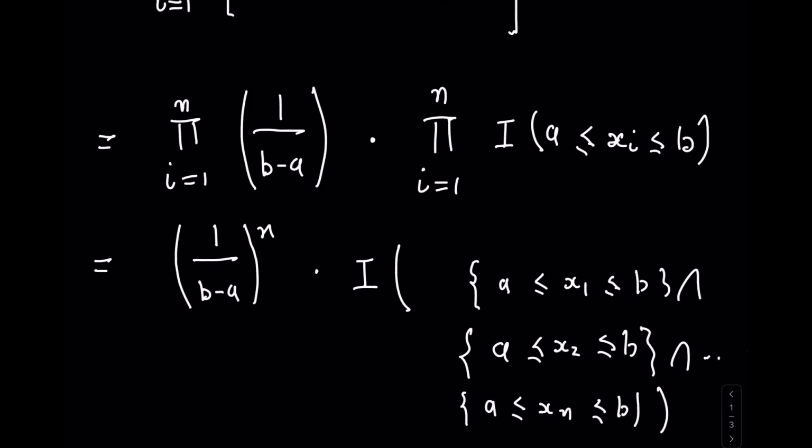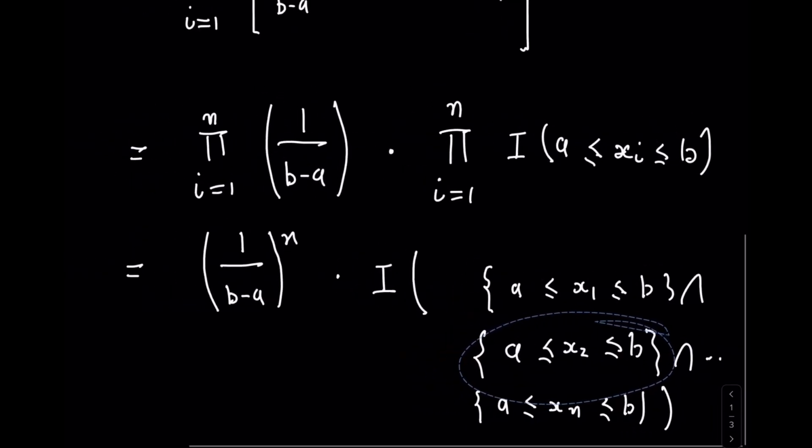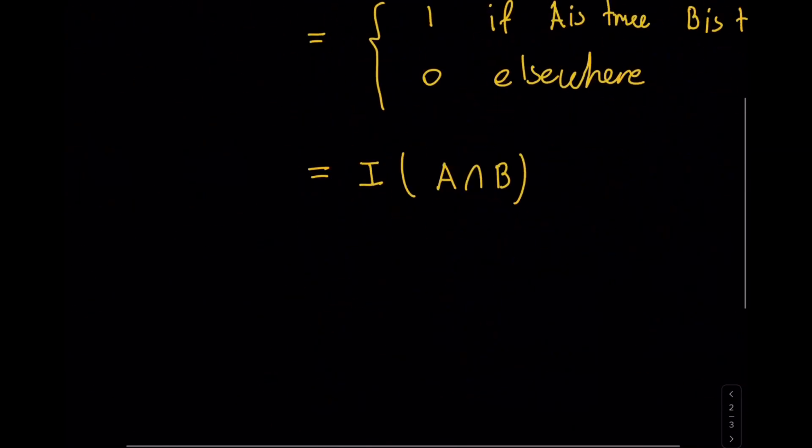So this product of indicator functions is just saying that each particular inequality must be true. So what I'll do on the next page is simplify that a little bit.